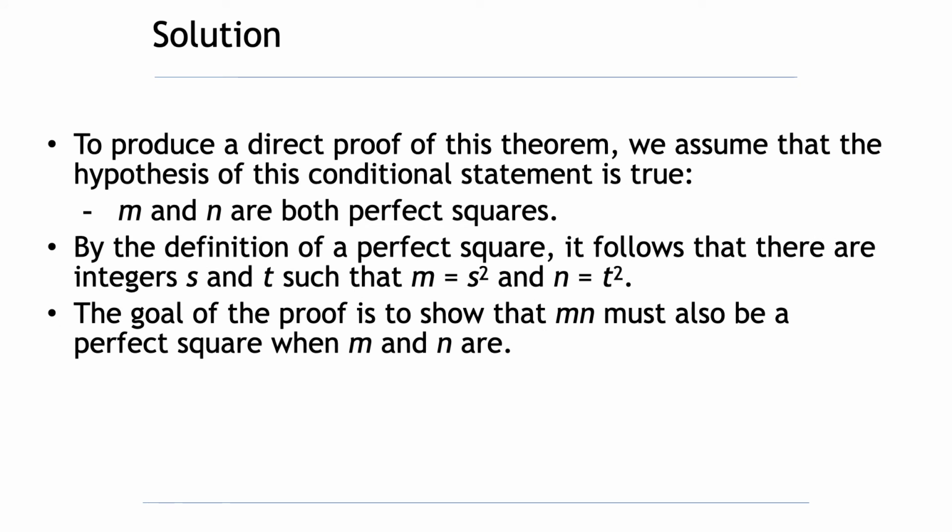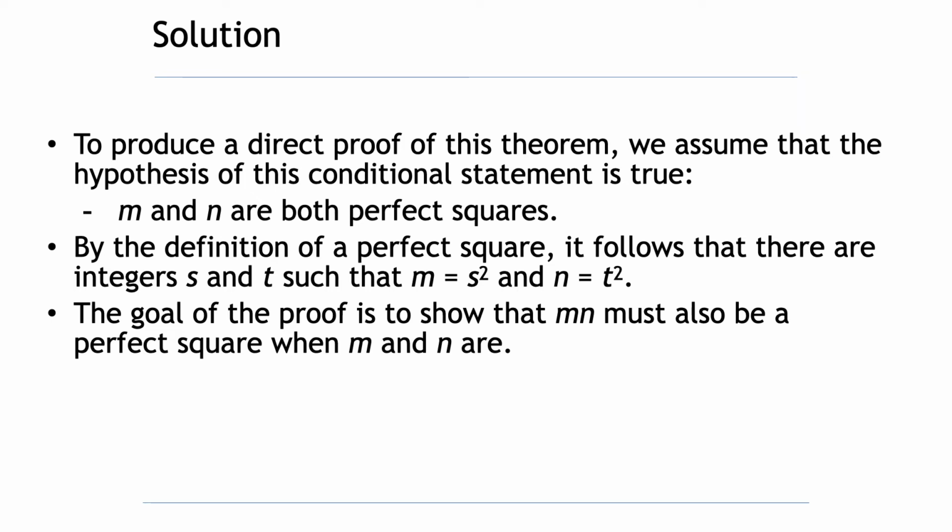Again, to produce a direct proof of this theorem, we are going to use the 3 steps we mentioned before. We are going to assume that the hypothesis is true, that m and n are both perfect squares. By definition of a perfect square, it follows that there are integers s and t such that m is equal to s squared and n is equal to t squared.